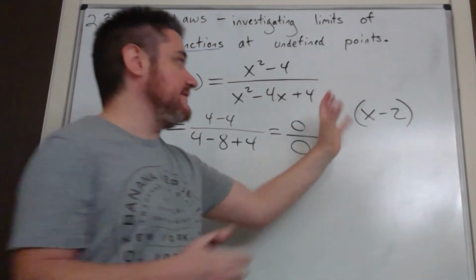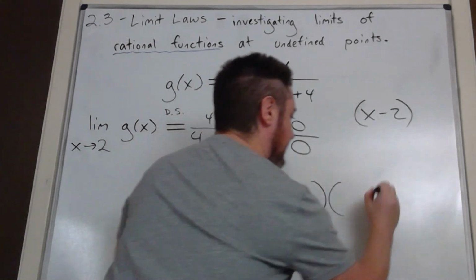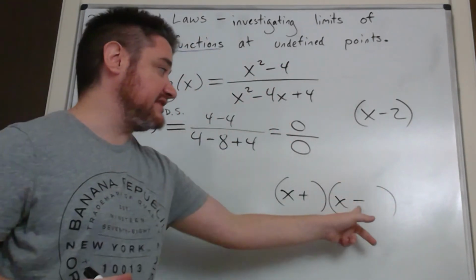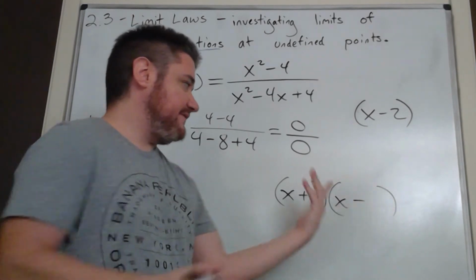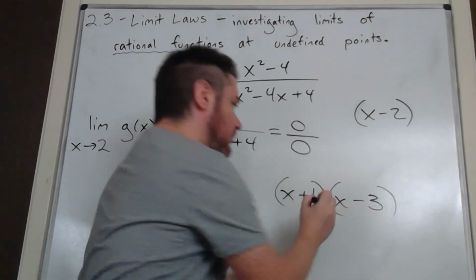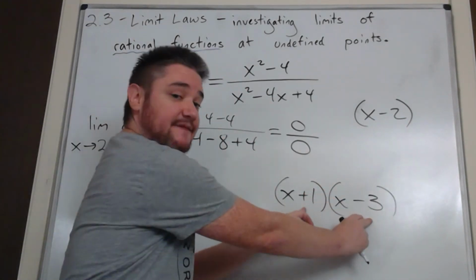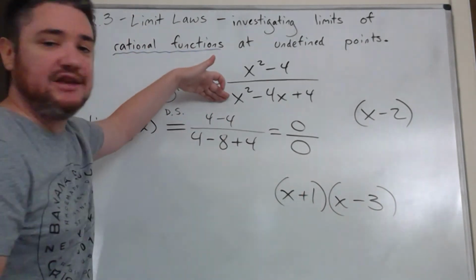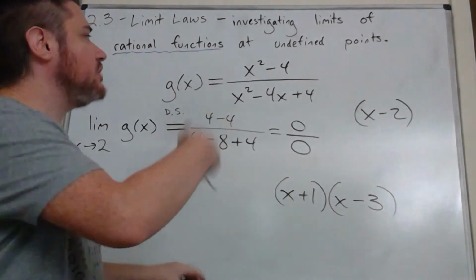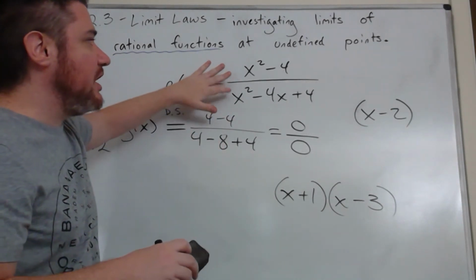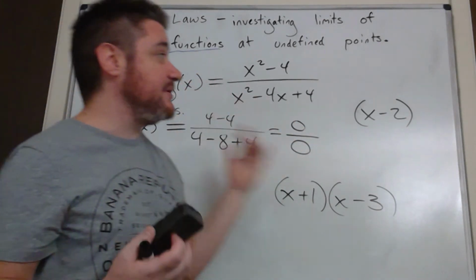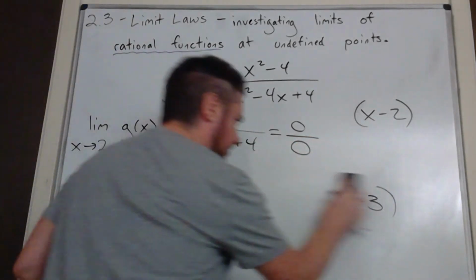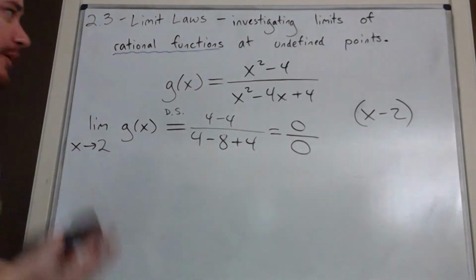If you factor the bottom into two terms, x plus something, x minus something, and you don't have an x minus 2 here, say you have x minus 3 and x plus 1, then 2 doesn't make either of these factors 0. And if it doesn't make those 0, it would not make the overall quadratic 0. So the only way that polynomial can become 0 is if it has that as a factor. That's helpful to realize, because it can help us factor.